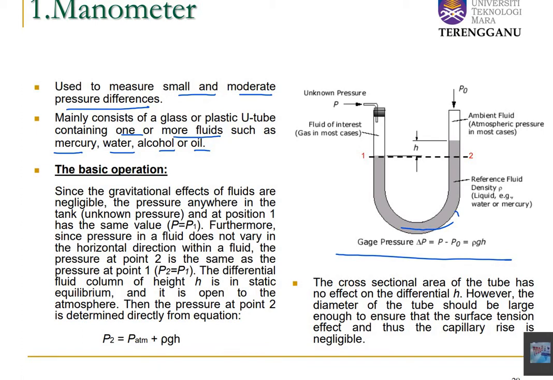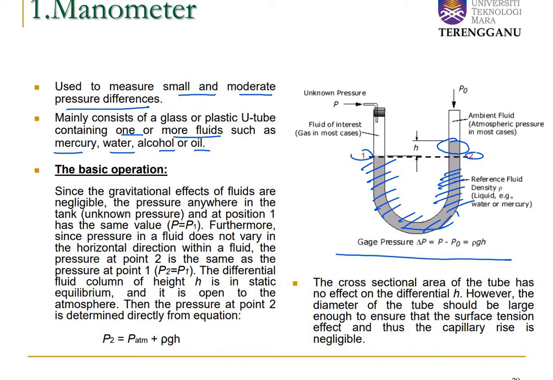So we will read the height of this manometric fluid in order to calculate the pressure. Basically, the pressure at point 1 and point 2 here can be neglected because the value is the same. So here we can cancel it out.